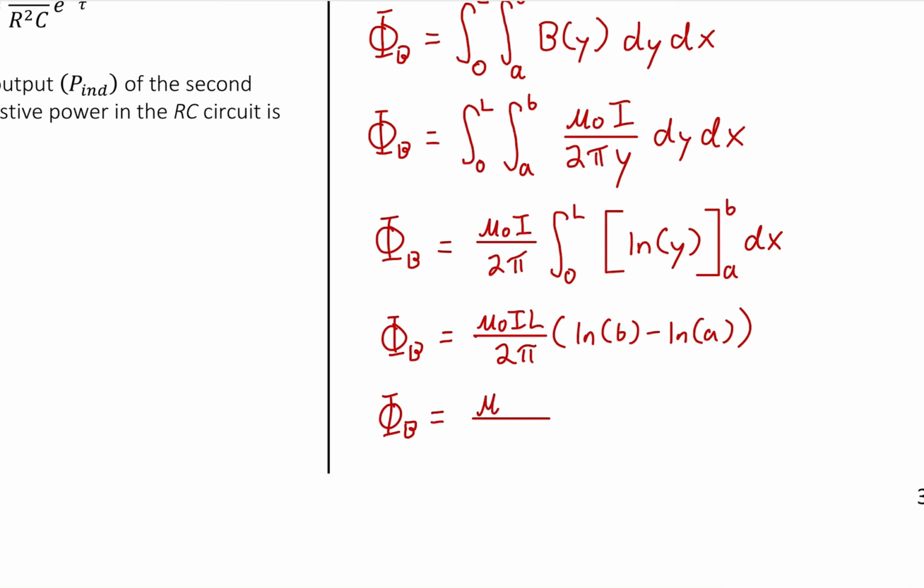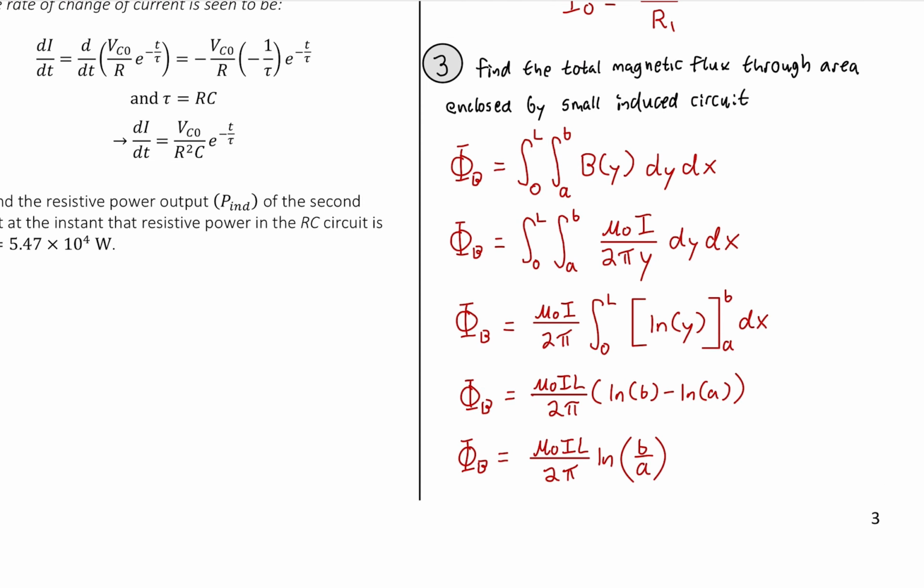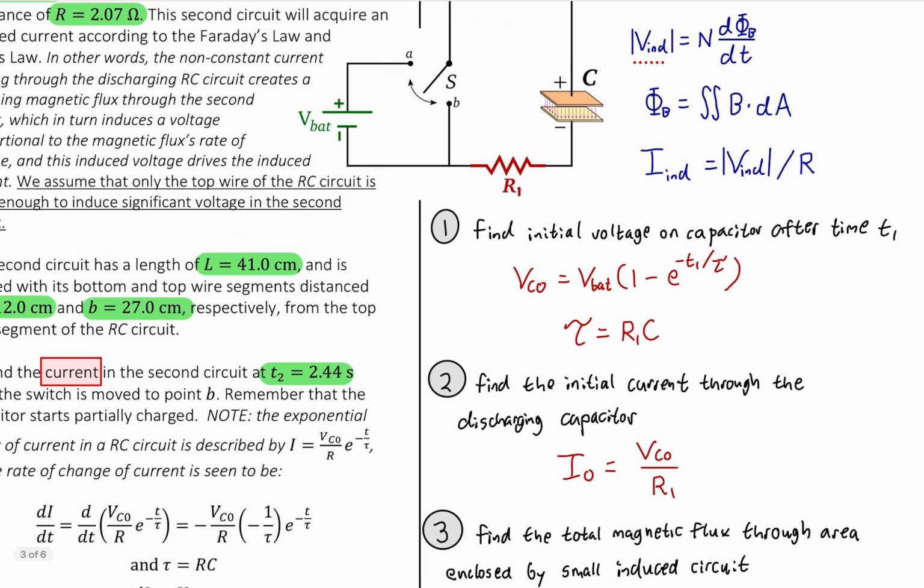And that's going to give us mu naught IL over 2 pi times the natural log of B over A. All right. Okay, and that's it for that step. We don't have too much left.